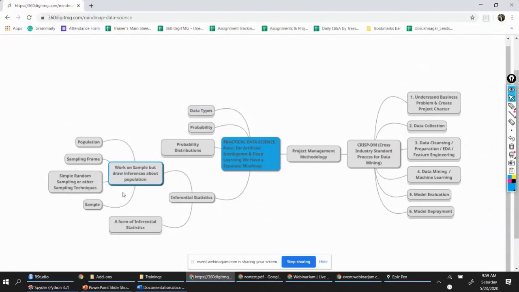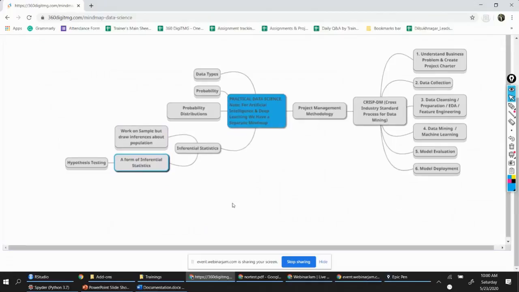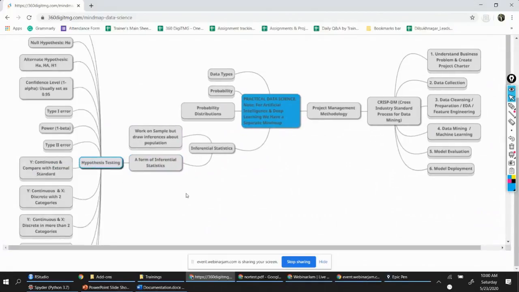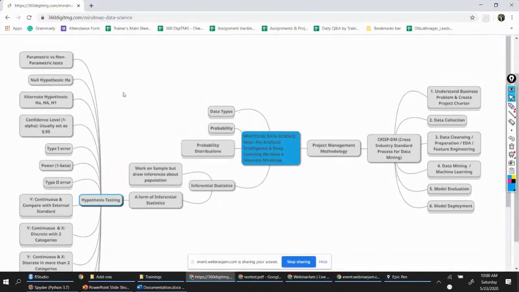That's a different study, probably we'll do a different webinar for that. Once you have the sample data, we make inferences by using these tests, and these hypothesis tests can be classified into two types: parametric and non-parametric.